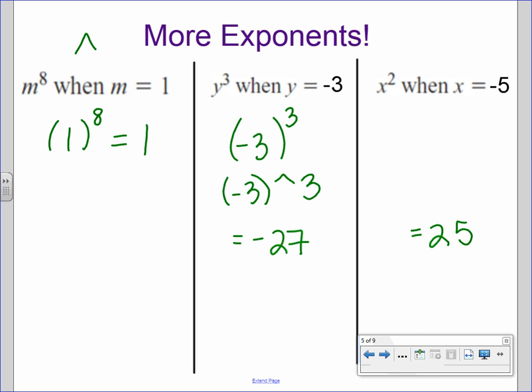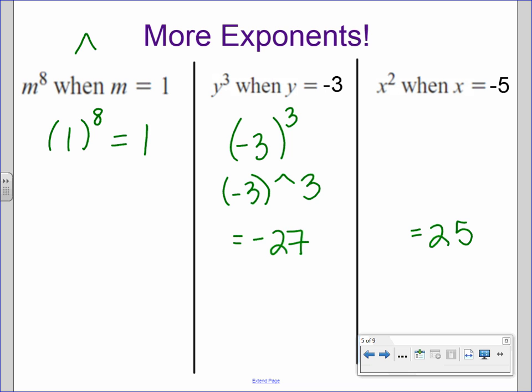You know what the right answer is. How did you type it in your calculator? I just put negative 5 times negative 5. Okay. How'd you get the negative 25 on your calculator? Negative 5 squared, to the 2nd power. Did anybody put it in their calculator and get a positive 25?